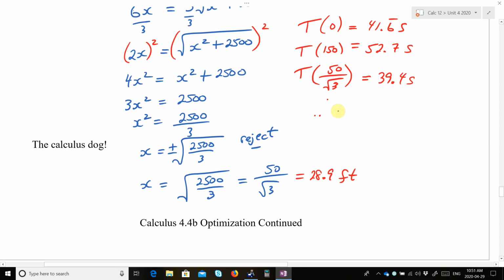So we can say, therefore, minimum T is 39.4 seconds when x equals 50 over root 3, which is 28.9 feet.